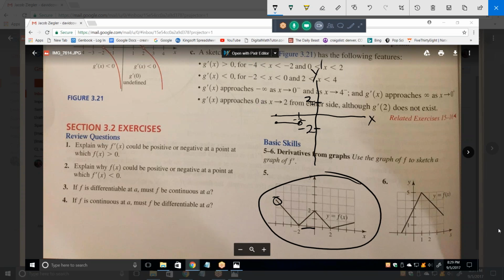That's 2. Since we want to draw it at 1, we'll go from there to there. And notice that it is not defined at -2. It's also not defined at 0. So I've got open circles on all of this.